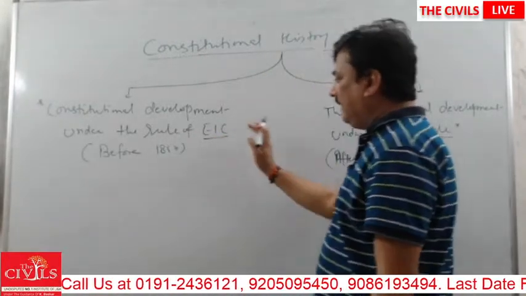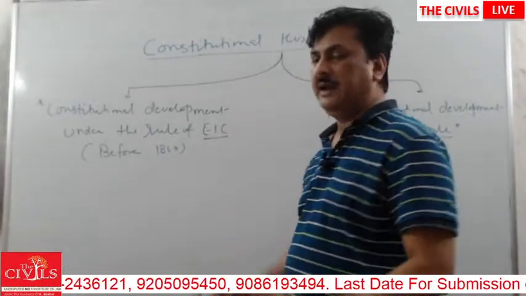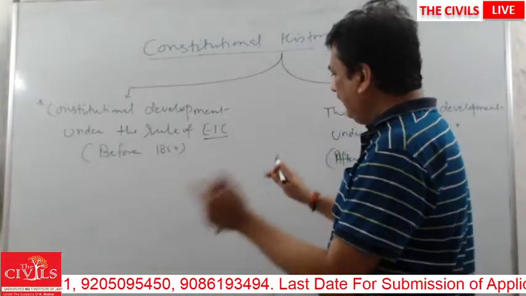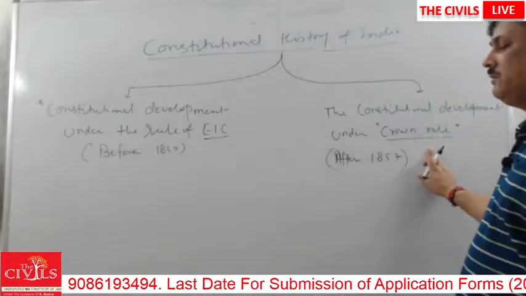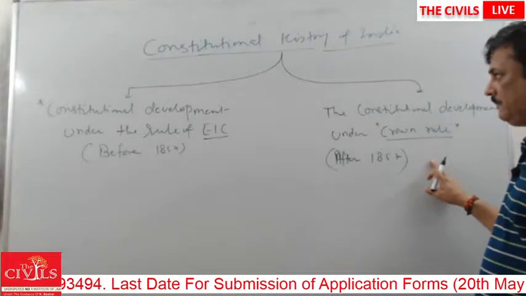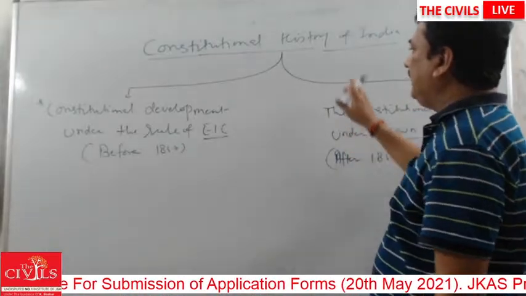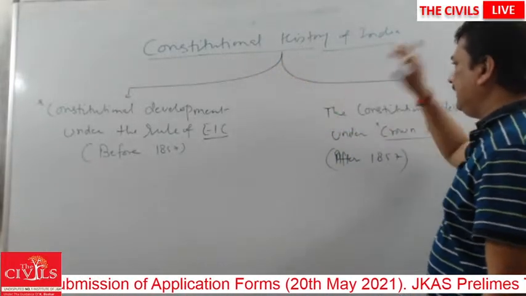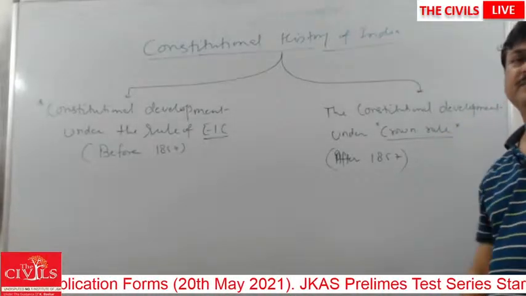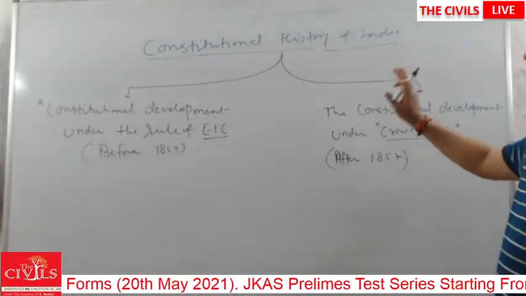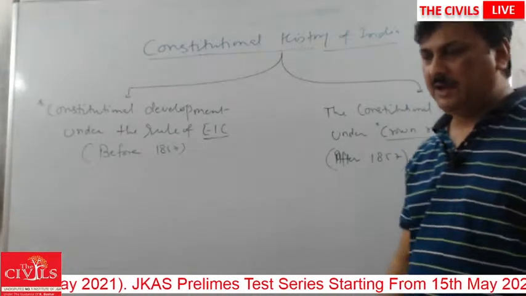After this revolt, the East India Company rule ended, and in its place the rule of the Crown was established over India. So under these two headings we will discuss in detail the constitutional history of India before independence. I hope it is clear.